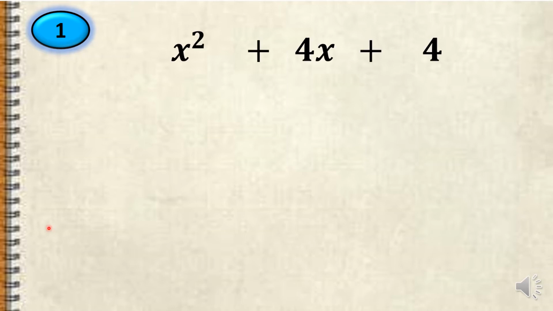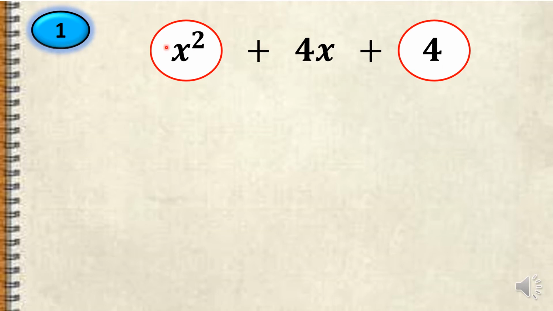Okay, so let's have example number 1. Our expression is x squared plus 4x plus 4. Our first step here is to check our first term and our last term, or the third term of the expression, if we have perfect square numbers.